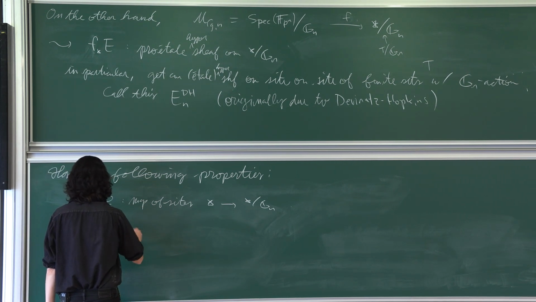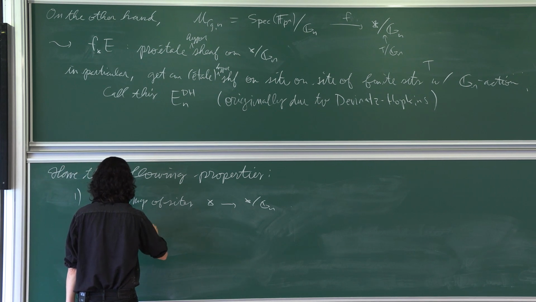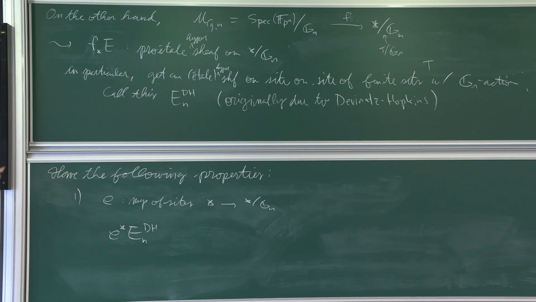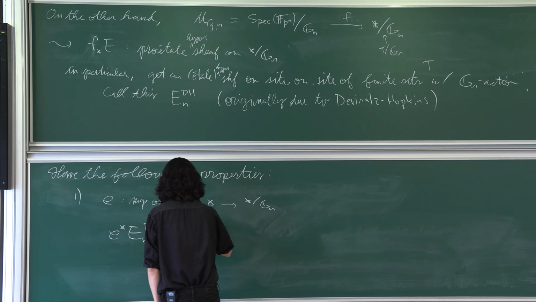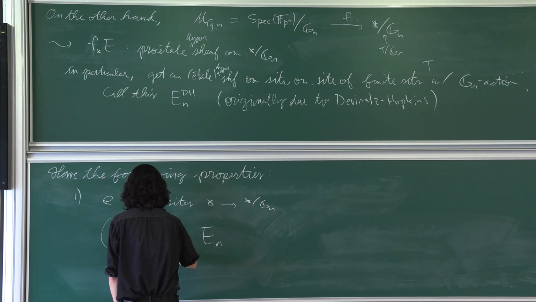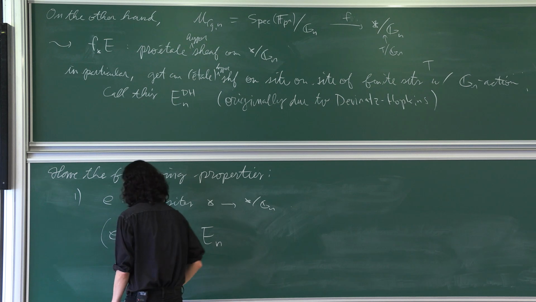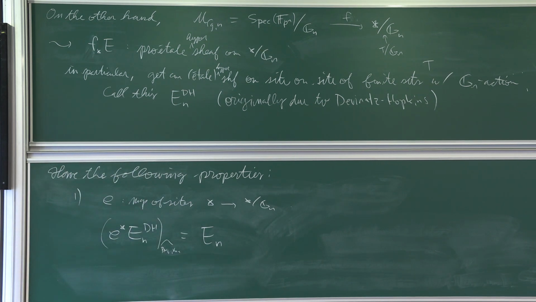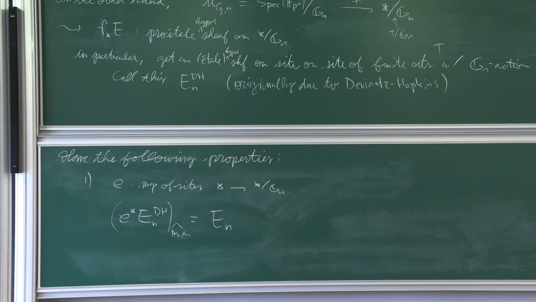Then if you take the pullback of this, which can be thought of as the underlying spectrum of this E_nDH, you don't quite get E_n, actually. You have to complete, but once you complete, you get E_n.